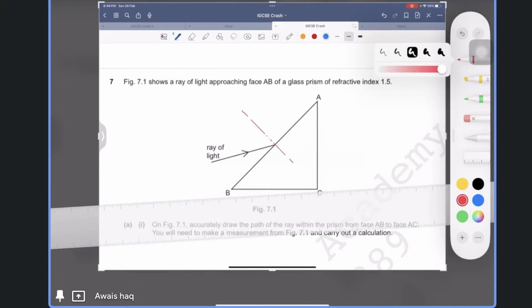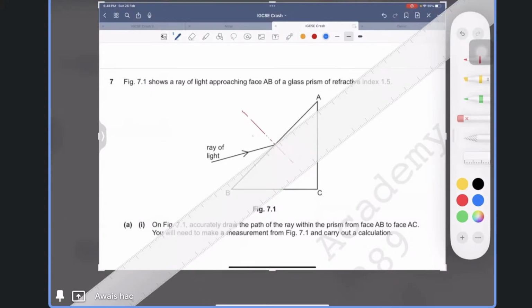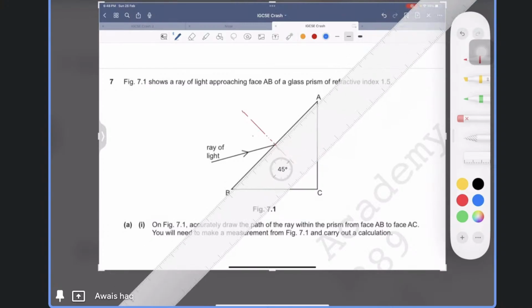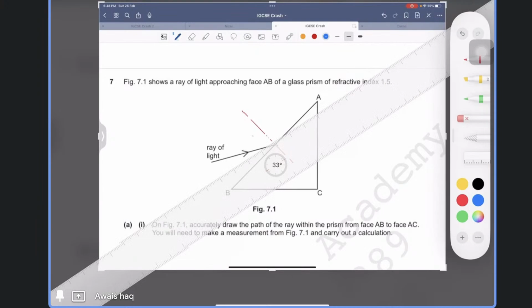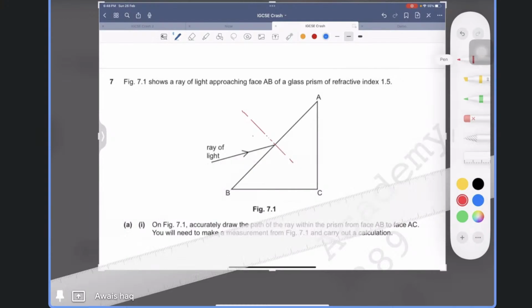So this angle right here is 30 degrees. Because you will have a different protractor, it will be easier for you, and this is going to be 60 degrees. So angle I is 60 degrees.